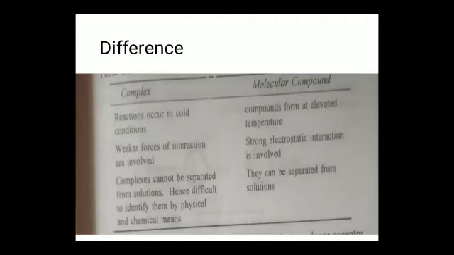Before discussing organic molecular complexes, we need to know the differences between complexes and molecular compounds. Coming to complexes, these reactions occur in cold conditions. Weak forces of interaction are involved. Complexes cannot be separated from solutions. Coming to molecular compounds, they form at elevated temperatures.